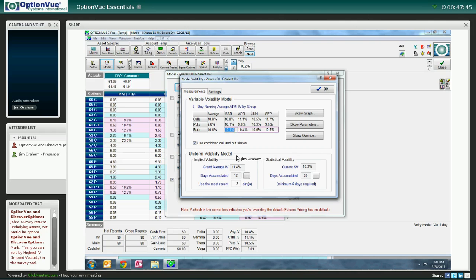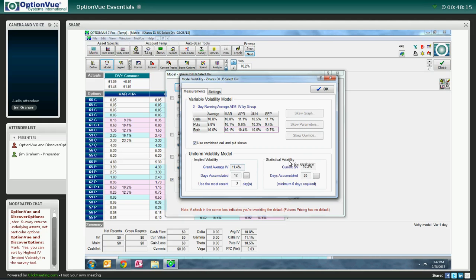Uniform volatility would mean every option has the same implied volatility, and that would be basically a horizontal line at whatever one you chose. In this case, the grand average IV is 11.4. You could simply use that for every option. Just say, the MIV, no matter what the option price is, the MIV is 11.4.